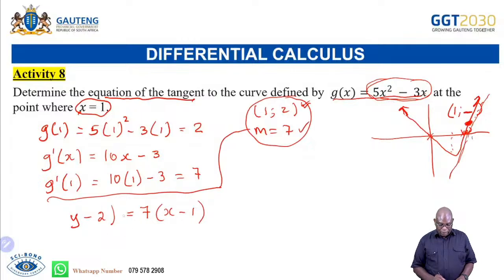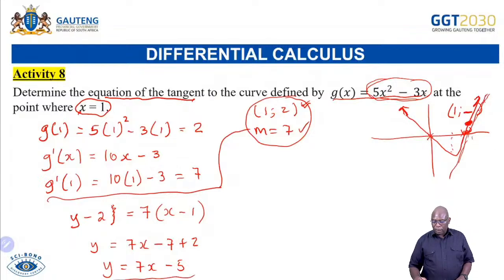So y equals 7x minus 7 plus 2. So my equation will be y equals 7x minus 5, which will be an increasing function. So it will be at 1. See, I've drawn a picture, and that picture looks like my answer. It's close to what is depicted on the picture there.